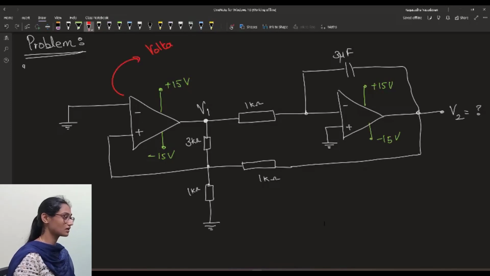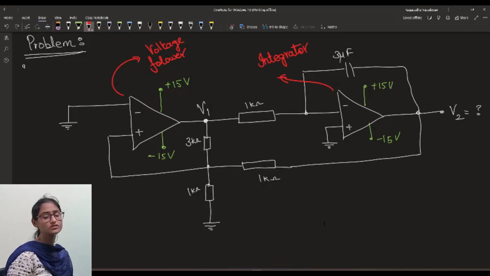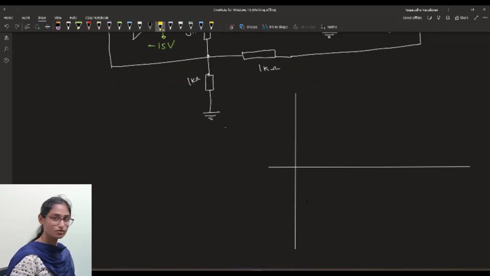This one is a voltage follower and this is an integrator. What does a voltage follower do? It just repeats the input that is given to it, which is plus and minus 15 volt. So what will be the value of V1?